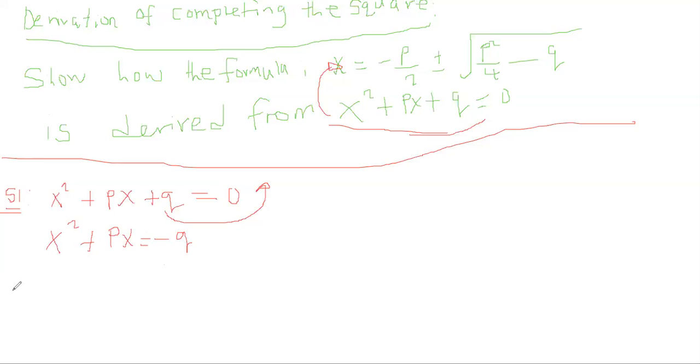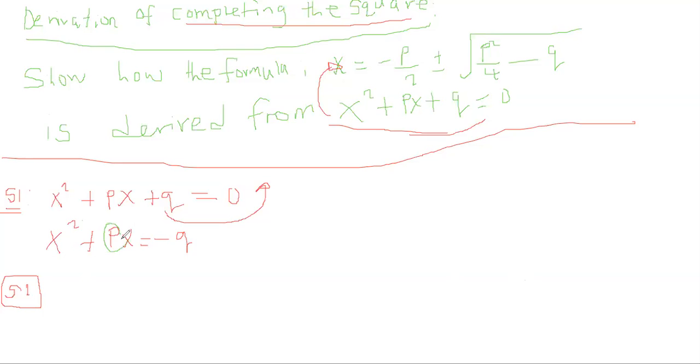After doing that, we have step 2. In step 2 is where the name itself, completing the square, came about. We take the coefficient of the linear component, divide it by 2, and the term that we get, we square it. This p is very paramount here.